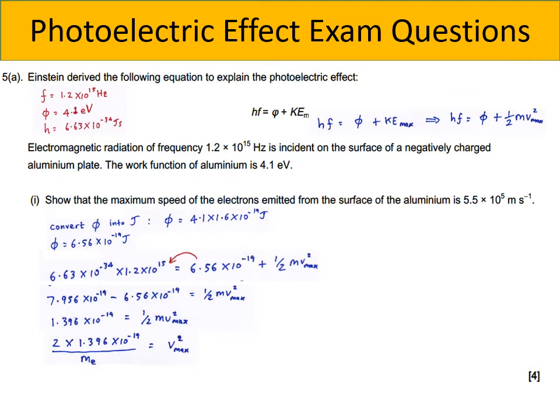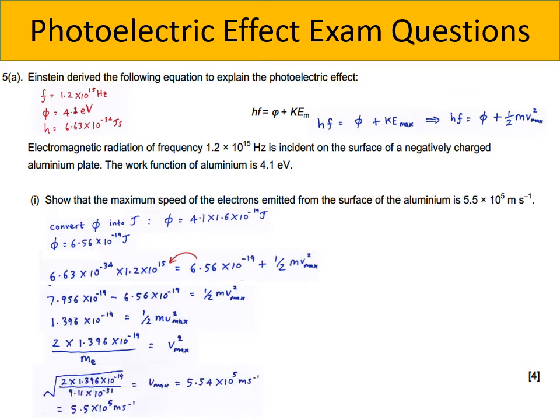Then if we multiply both sides of the equation by 2 and divide both sides of the equation by m, and that little subscript there is e for electrons, so it's the mass of an electron, and that is also given in the equation sheet. Okay, so we have 2 times 1.396 times 10 to the power minus 19 divided by the mass of an electron, which is equal to v squared max.